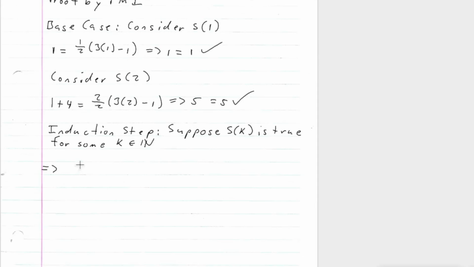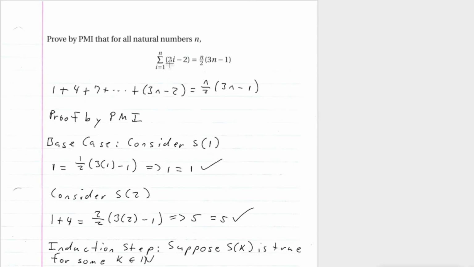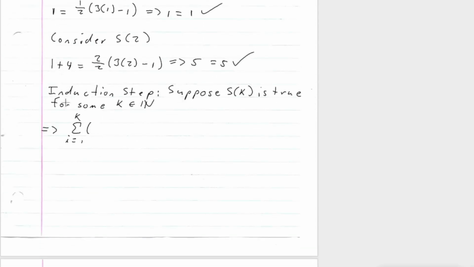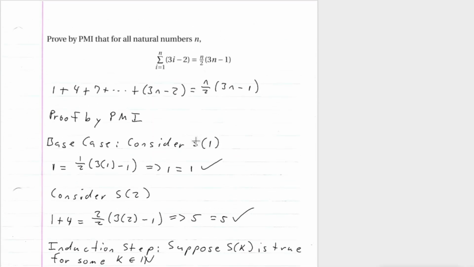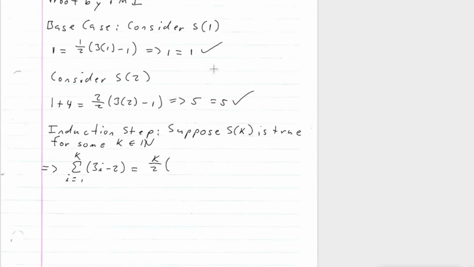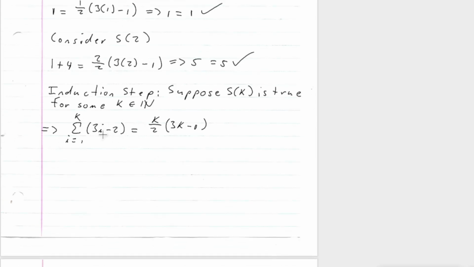So this implies that the sum from 1 to k of 3i minus 2 is equal to k over 2 times 3 times k minus 1. Or, instead of having it like this, we can expand this.